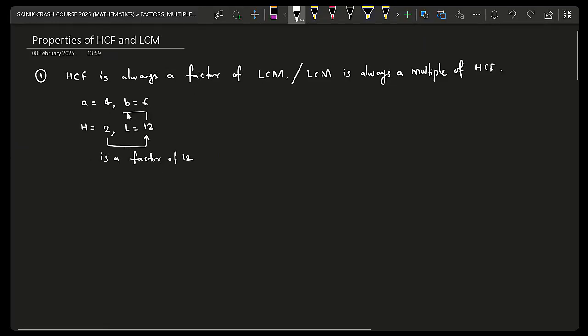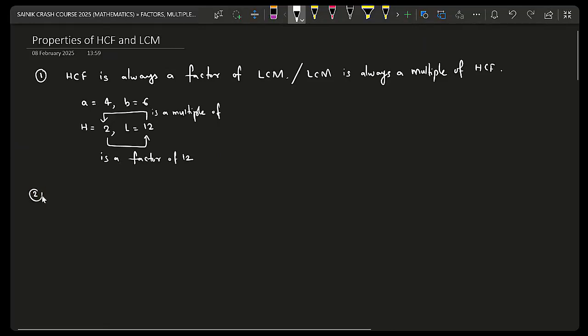You take 12, it is a multiple of 2. So this is true for every number. Any two numbers or more than two numbers you take, find HCF, find LCM: HCF is always a factor of LCM and LCM is always a multiple of HCF.